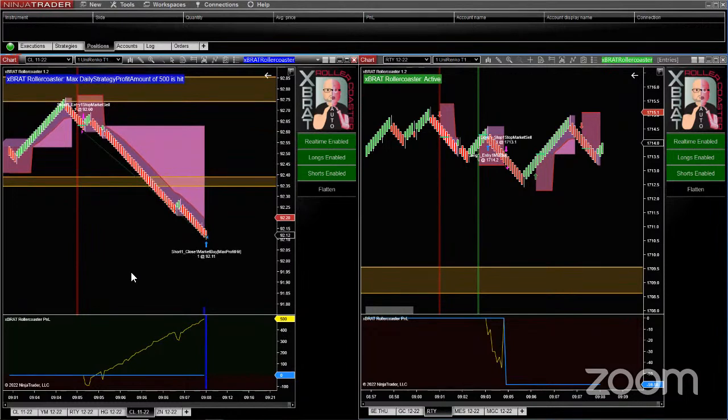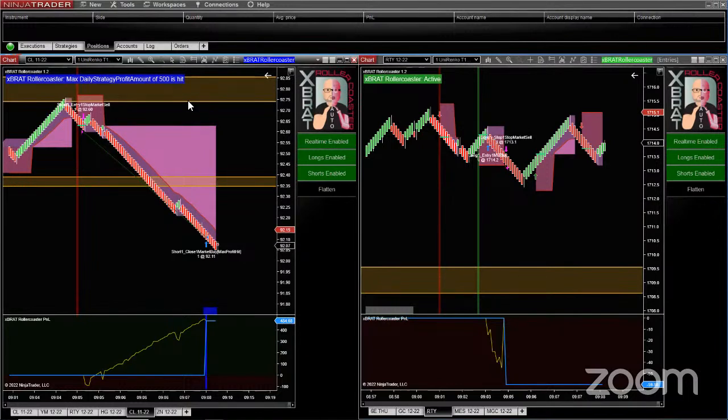Job's done. Maximum profit on oil is hit for the day, $500. That's what I set the auto trader for, to protect and stop the greed. So just the one trade on the oil roller coaster has hit the max $500 profit for the day.